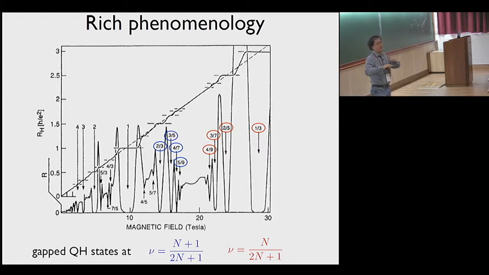There is a ground state, and the next excited state is separated by a gap, which is finite in the thermodynamic limit.